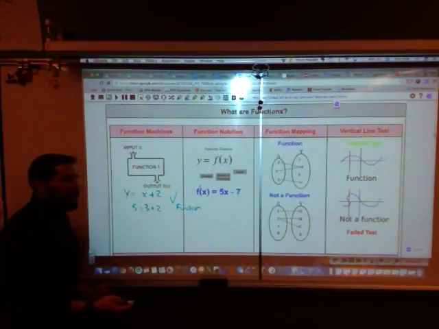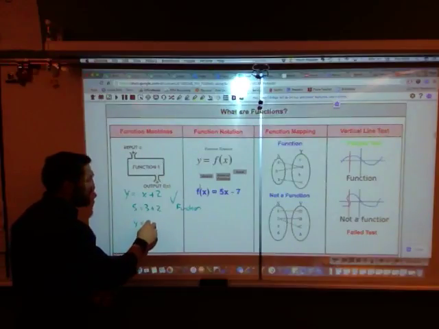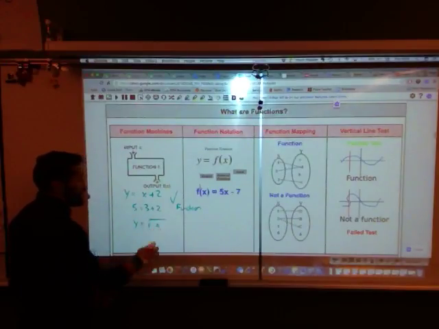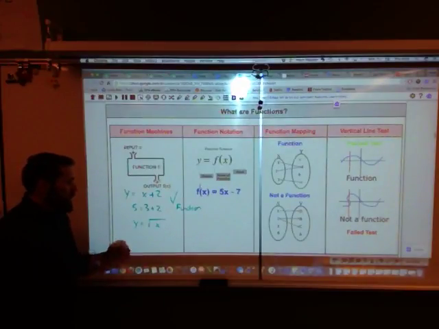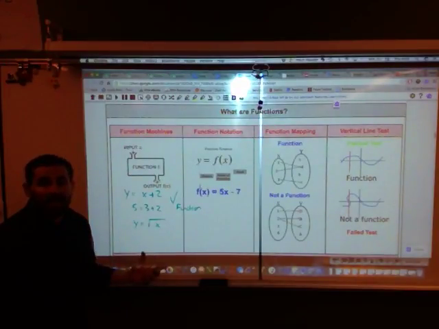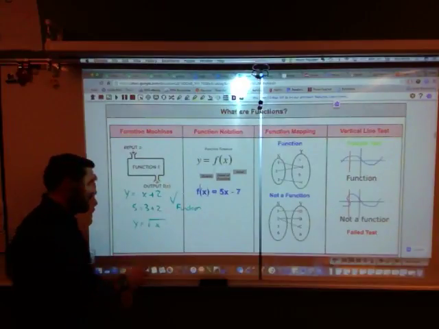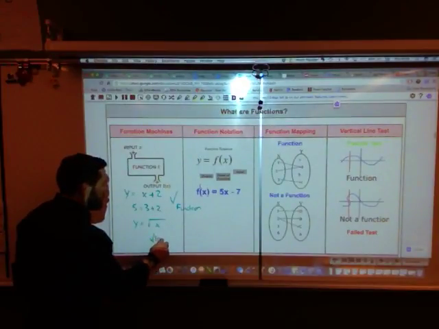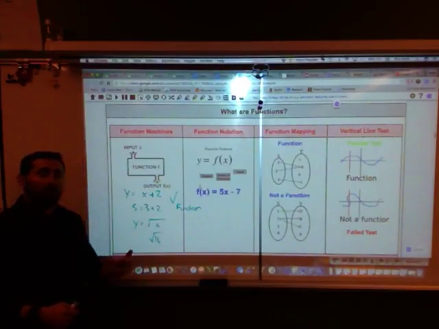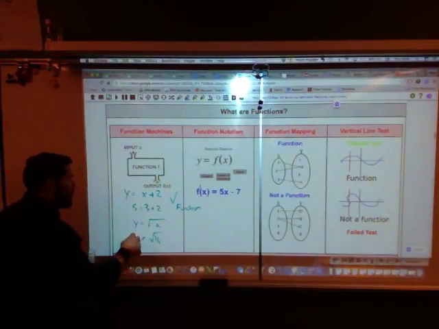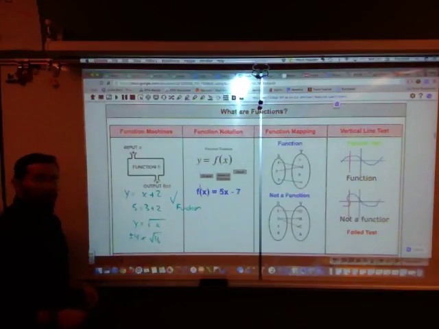Now if I were to give you, say, y equals the square root of x, and I put in an input of 16, I don't get one output, I actually get two outputs. That would be a plus or minus 4.